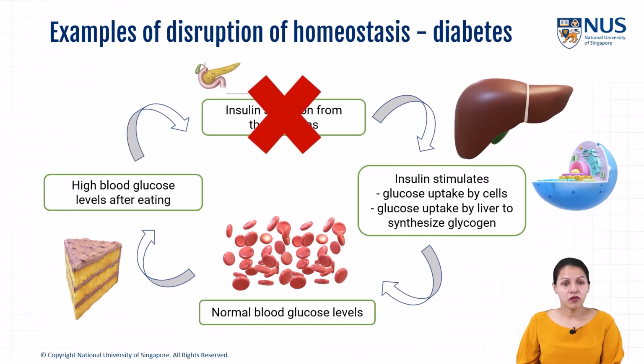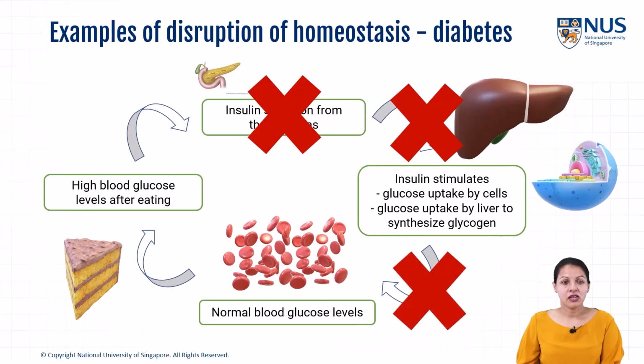In those who have diabetes, insulin is not synthesized. So there will not be uptake of glucose by cells. So the blood glucose levels will not be regulated. So in an individual with diabetes, the blood glucose levels will go up after a heavy meal, but it will not be normalized.